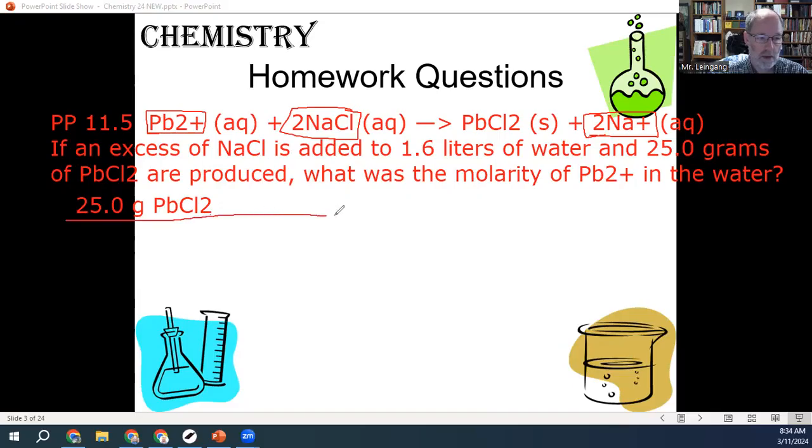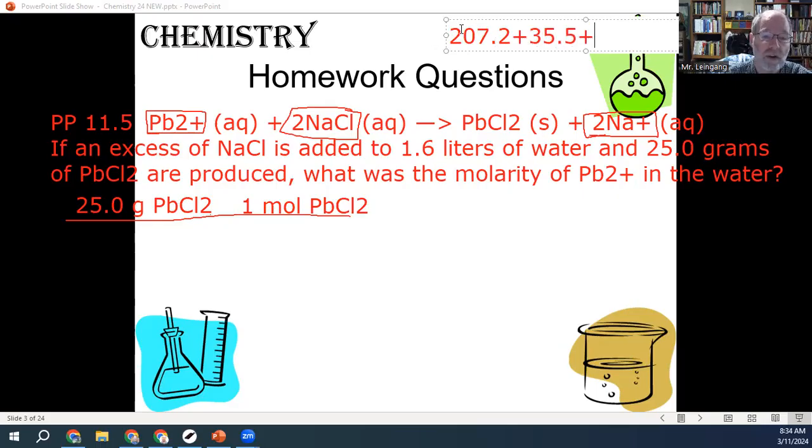In order to get that, you have to multiply it by the molar mass. So we're going to ask, how many grams are in 1 mole of PbCl2? And look it up in my periodic table. I'll use your book's periodic table this time. Hopefully that will reduce the chances of my being off a little bit. Lead is 207.2, and chlorine is 35.5.